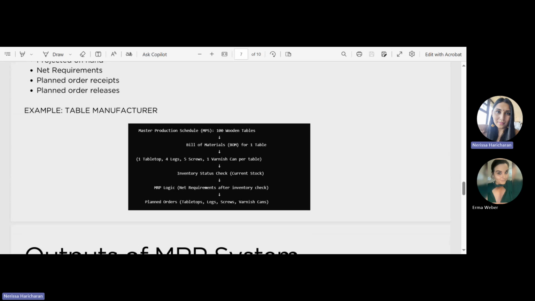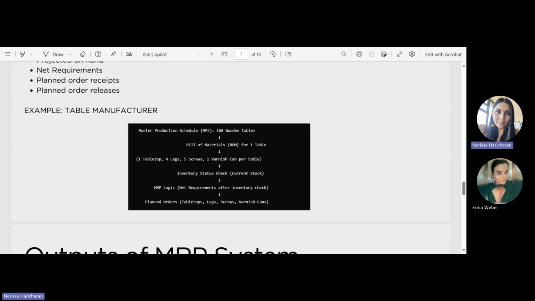Your bill of material basically shows a breakdown of all the material and the components that are required to build a wooden table. So for one table, you have one tabletop, 4 legs, 5 screws, 1 varnish can. Okay. Your inventory status check: your inventory records track the available stock of components and raw materials before production begins.